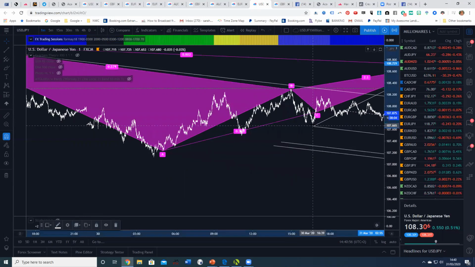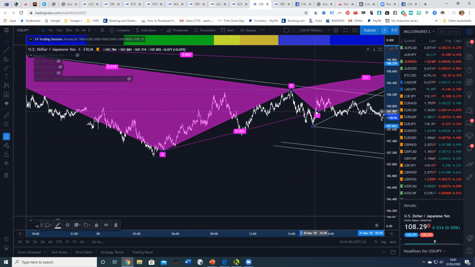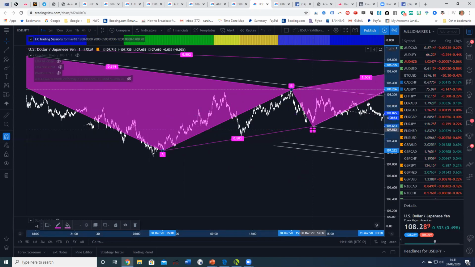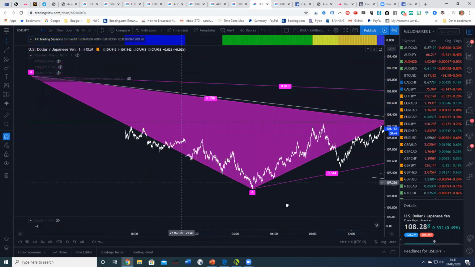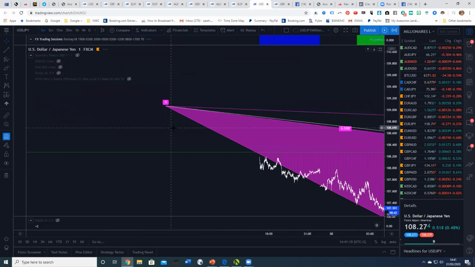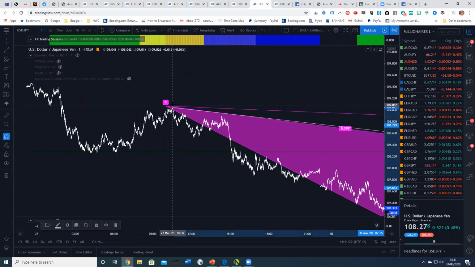The C is there. The A should be on that one. The B is fine, so it's low to high. And then just let that load and put that up there.